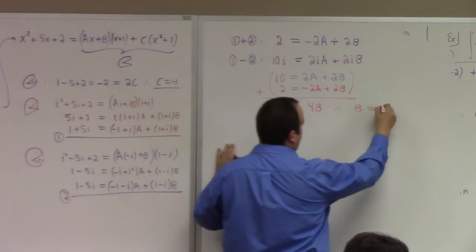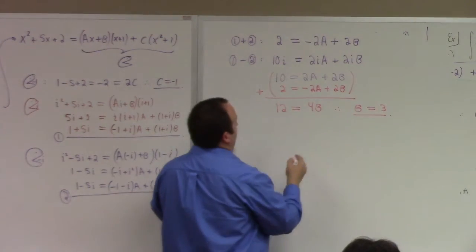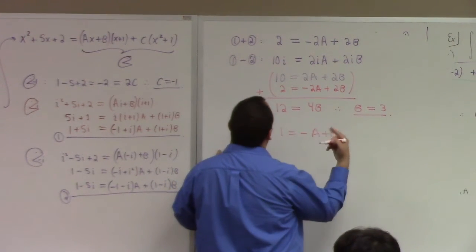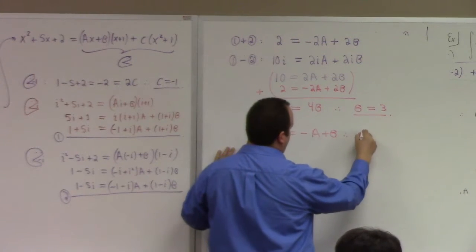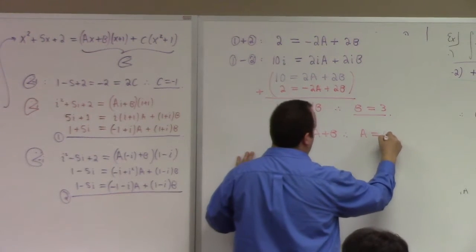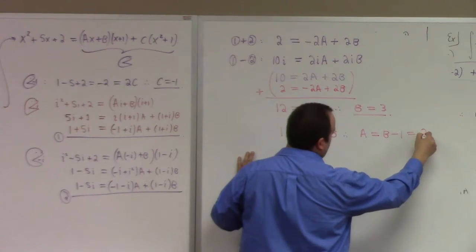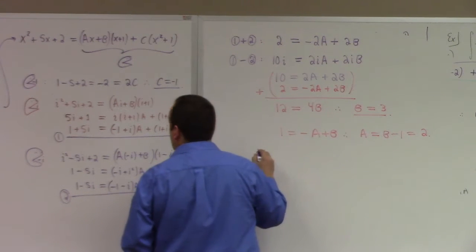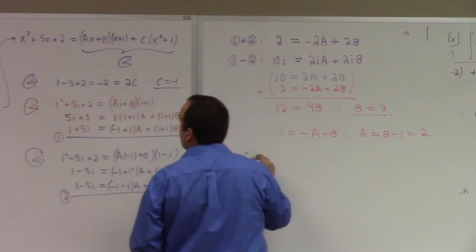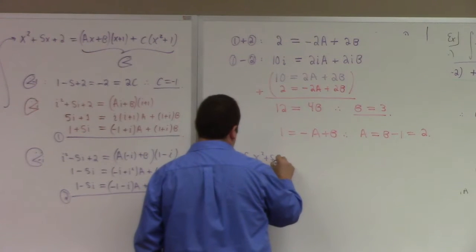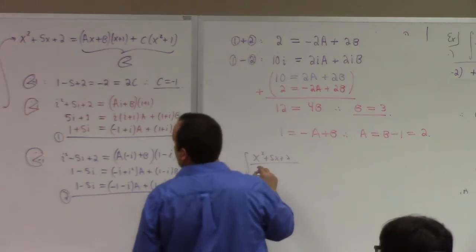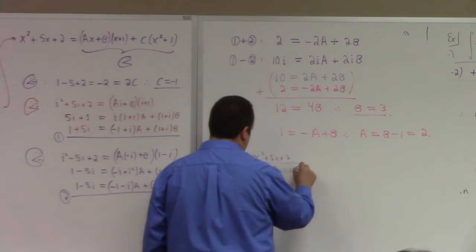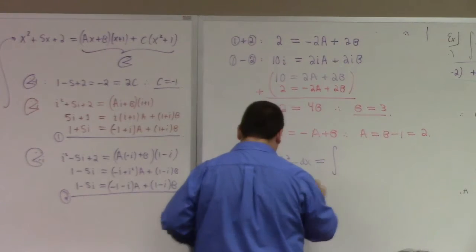3. And we also know that 1 is equal to minus a plus b from equation 1 plus 2. Therefore, a is b minus 1, which is otherwise known as 2. All right, so finally, we have that the integral of x squared plus 5x plus 2 over x cubed plus x squared plus x plus 1 dx is actually equal to the integral of what?